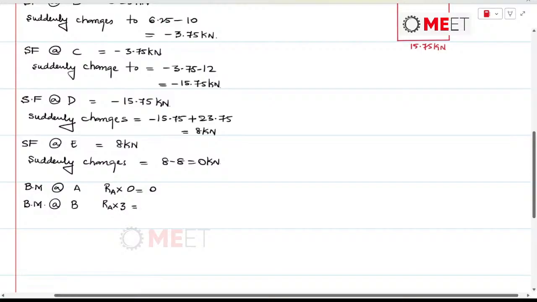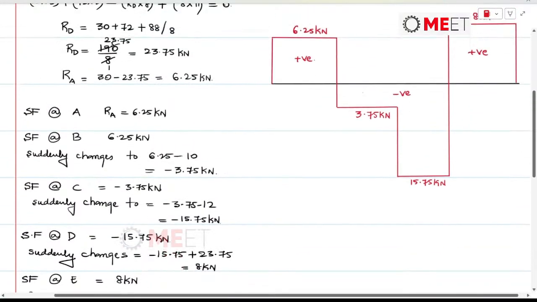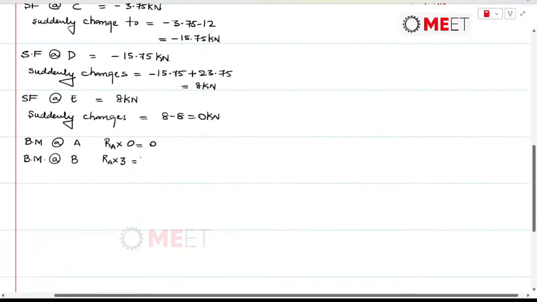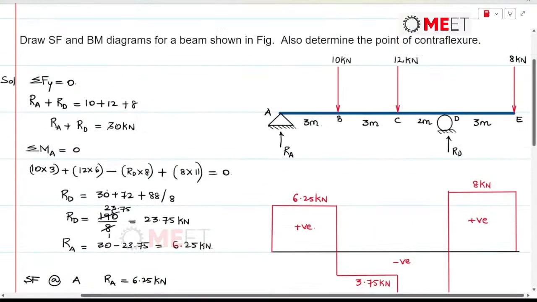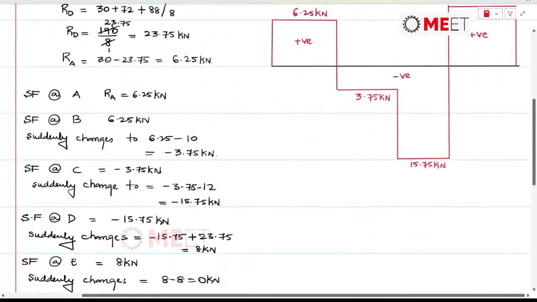RA here is equal to 6.25. So 6.25 into 3 is 18.75 kilonewton meters.